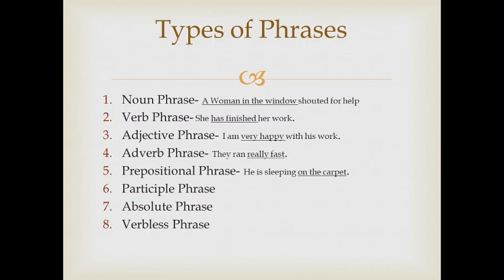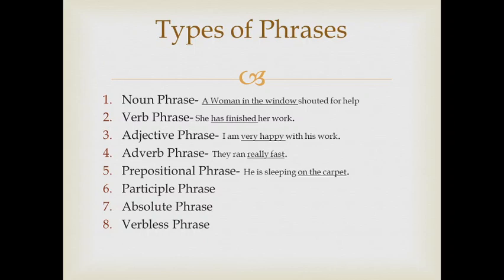These phrases could be explained with simple examples. What is a noun phrase? I have given an example there. A woman in the window shouted for help. In that sentence, the underlined part, a woman in the window, is the noun phrase. In a noun phrase, the important part is a noun.